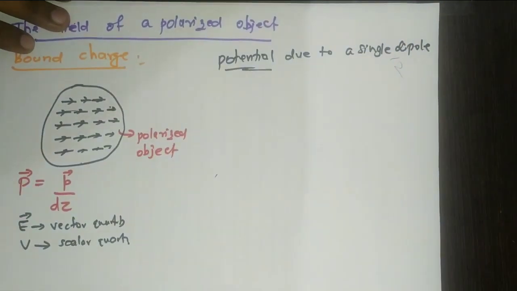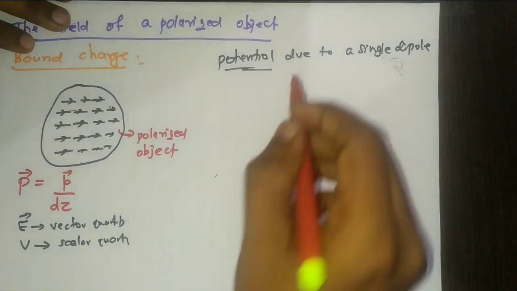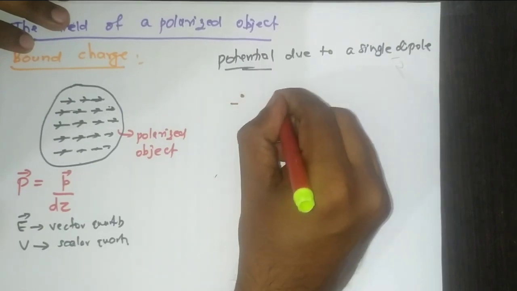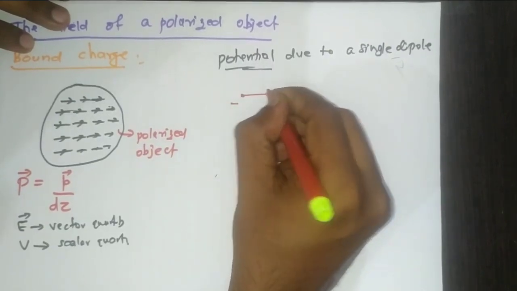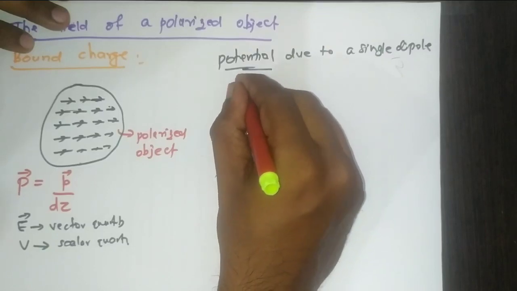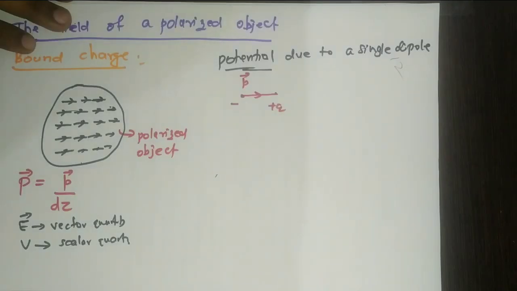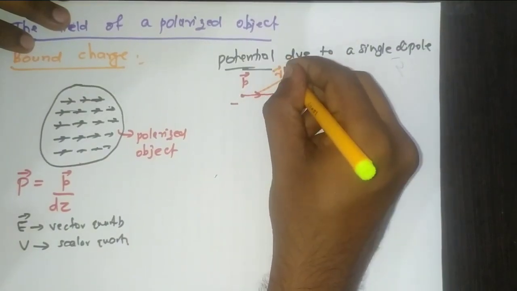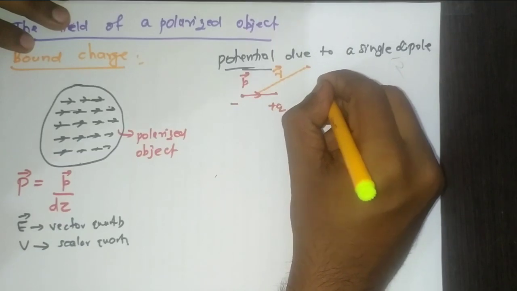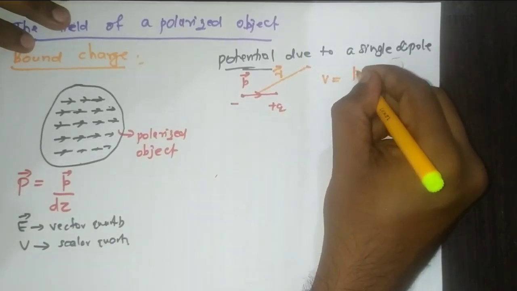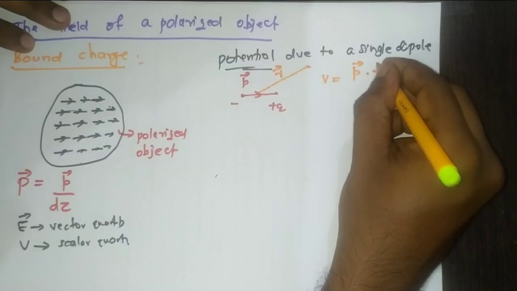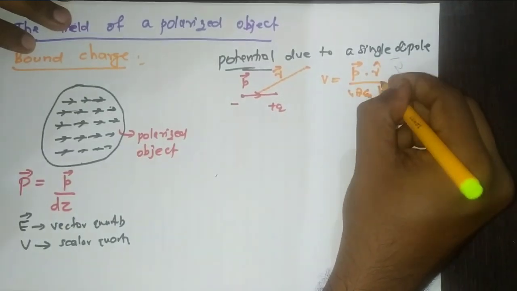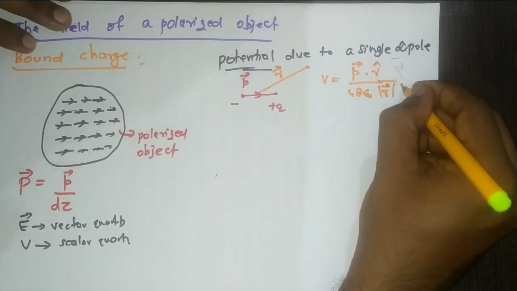In the earlier class and higher secondary classes, you might have studied two charges, a dipole, that is minus q and plus q charges. The dipole moment is along the direction from negative to positive, at a particular distance, let's say r. At this point, the potential due to this dipole was given by p dot r cap divided by 4 pi epsilon 0 modulus r square.